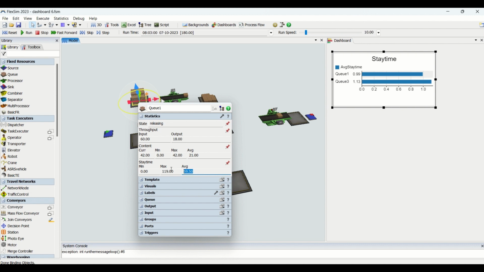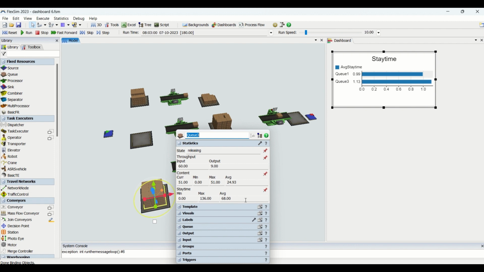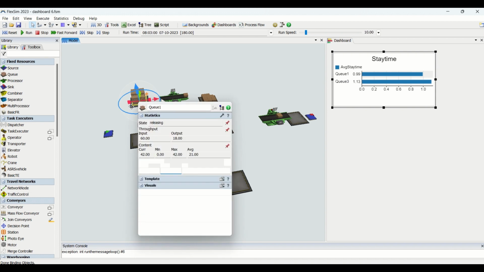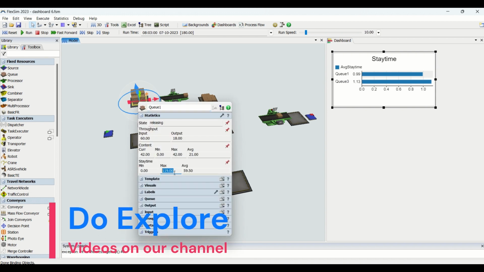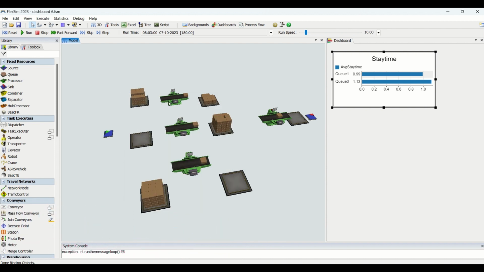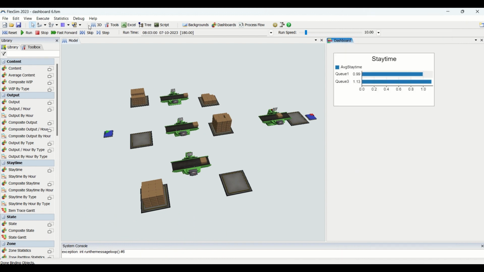So 1 minute it is staying, and this 119 is what it is showing. Then here it is average 68, and the maximum is 136. So here we are able to see the stay time for a particular buffer: the maximum time the product stayed there, and the average stay time. But these are in seconds, and when you go here these are in minutes. You can also convert them to seconds.